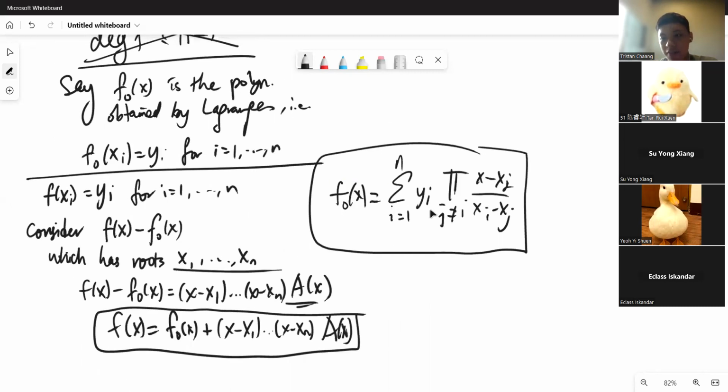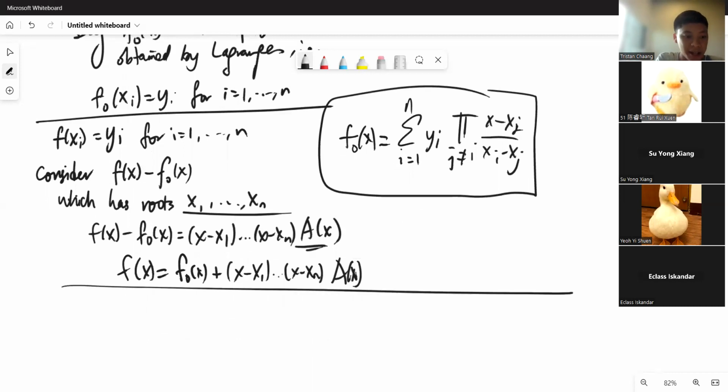It is f(x) in the statement of Lagrange, but not in this problem here. I define f naught x as the answer that you get by Lagrange, while f(x) here I refer to as the most general solution.